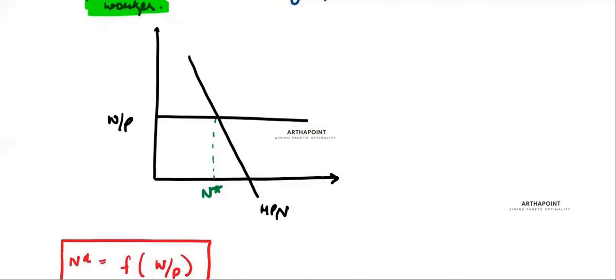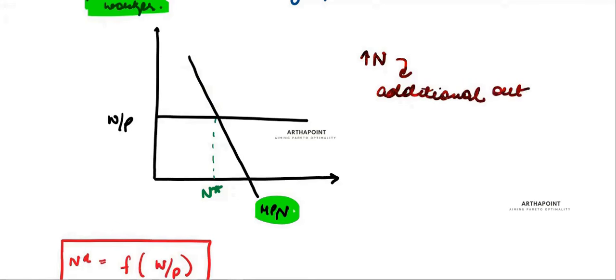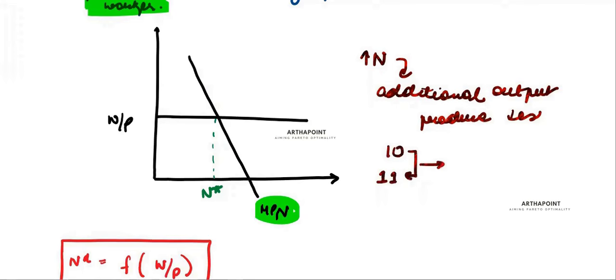Now let's go ahead and see this. So this is my marginal product of labor. Usually the marginal product of labor is downward sloping. Why? Because as your labor increases, the additional output that they produce decreases. So imagine this, when I increase my labor from 10 to 11 units, let's say he contributed 12 units.